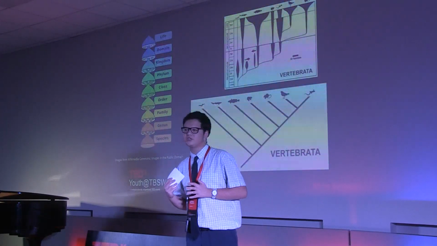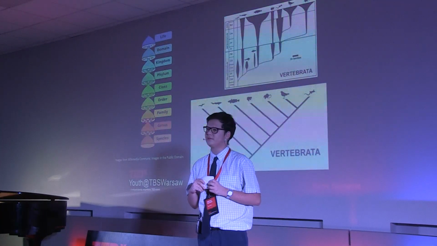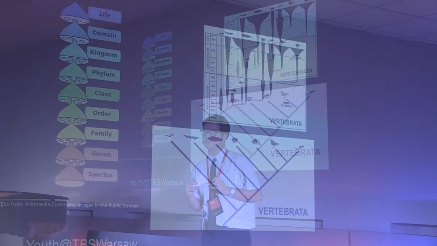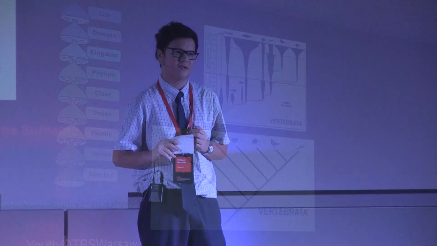Sadly, I haven't got time in this short talk to delve into the fascinating intricacies of different species concepts, and there are literally dozens of different species concepts that are defined on different criteria. And there's just so much cool stuff to talk about with taxonomy. But the thing is that all of these species concepts are, in some way, wrong. Classification and dividing organisms into species like this is not a possible thing to do.